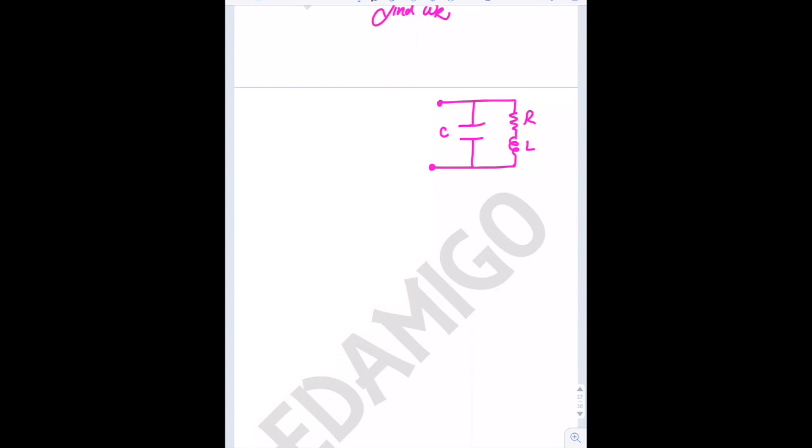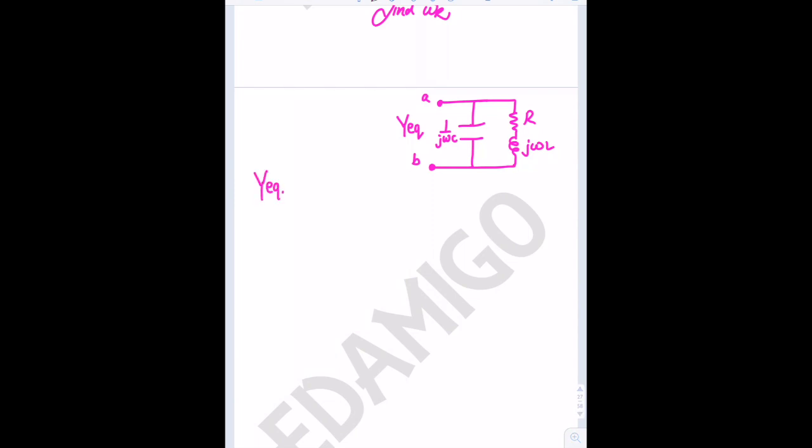Okay, now since we have to find Y equivalent between terminals A and B, first of all I just remove this and replace it with the impedances. So j omega L is the impedance of inductance and 1 upon j omega C is the impedance of the capacitance.